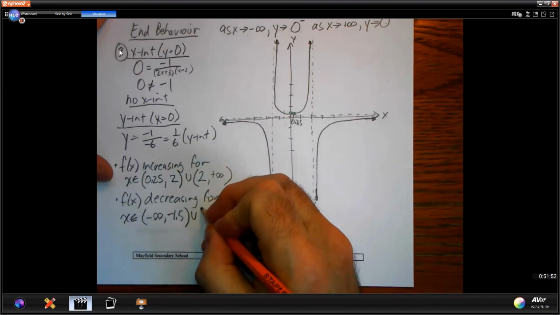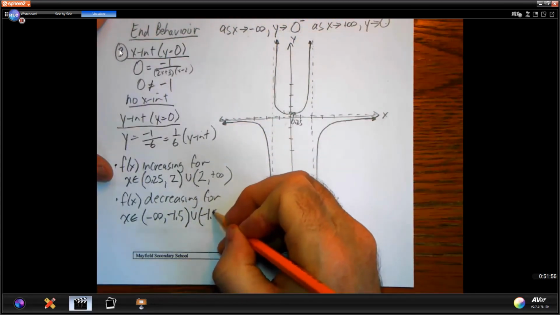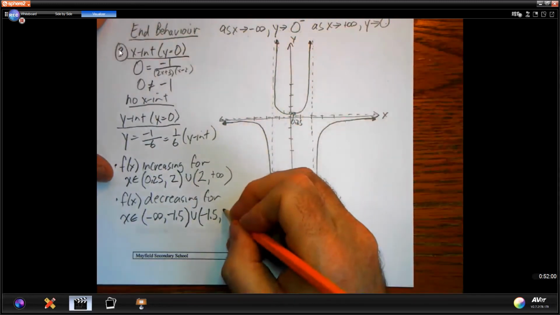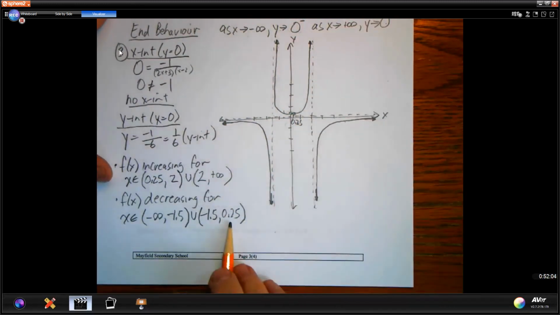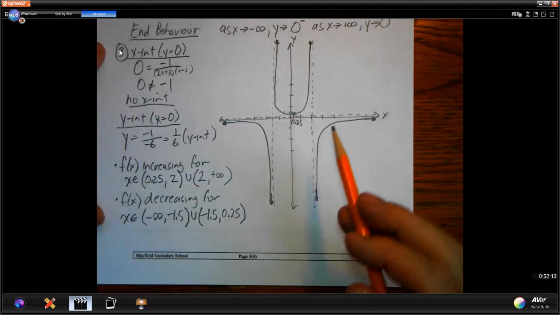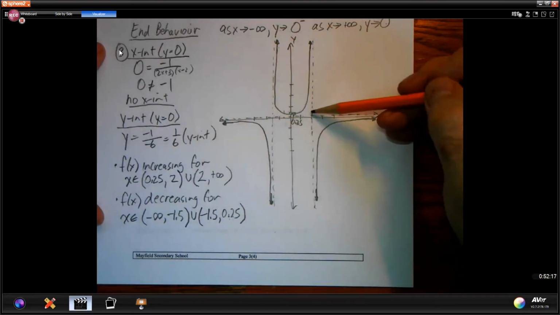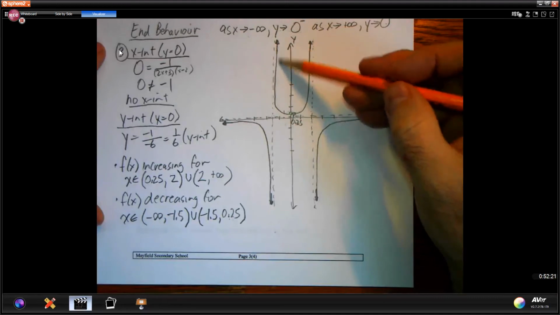And then union, the other side of the asymptote, so still negative 1.5, and this time we go up to 0.25 again, but again we don't include it because at 0.25 the function is actually not increasing or decreasing. So there's only 3 points where the function is not increasing or decreasing. That's at the 2 asymptotes, obviously, and at this minimum point here where it's changing.